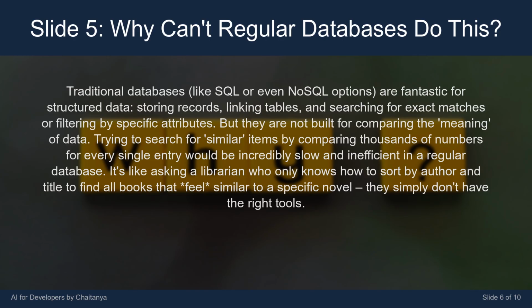Trying to search for similar items by comparing thousands of numbers for every single entry would be incredibly slow and inefficient in a regular database. It's like asking a librarian who only knows how to sort by author and title to find all books that feel similar to a specific novel. They simply don't have the right tools.